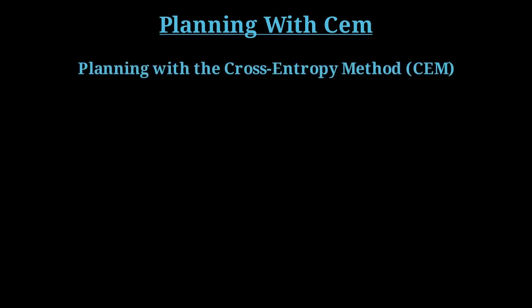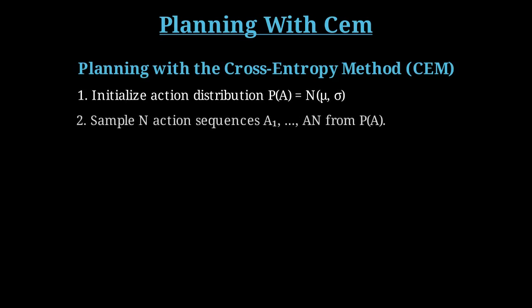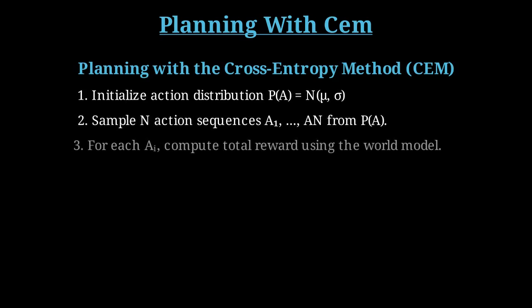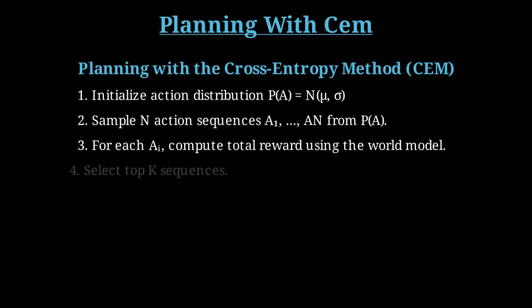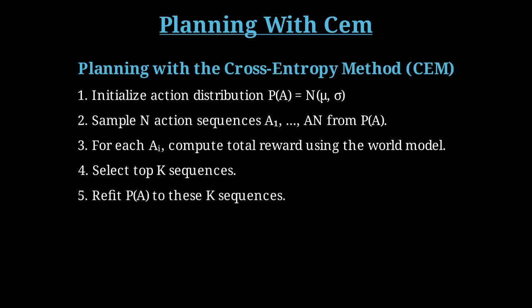So how does PlaNet plan? It uses a sampling-based planning algorithm called the cross-entropy method, or CEM. At each step, it starts with a distribution over action sequences, for example, a Gaussian. It samples a batch of candidate action sequences from this distribution. Each sequence is rolled out in the latent space using the learned dynamics model, and the total predicted reward is calculated.